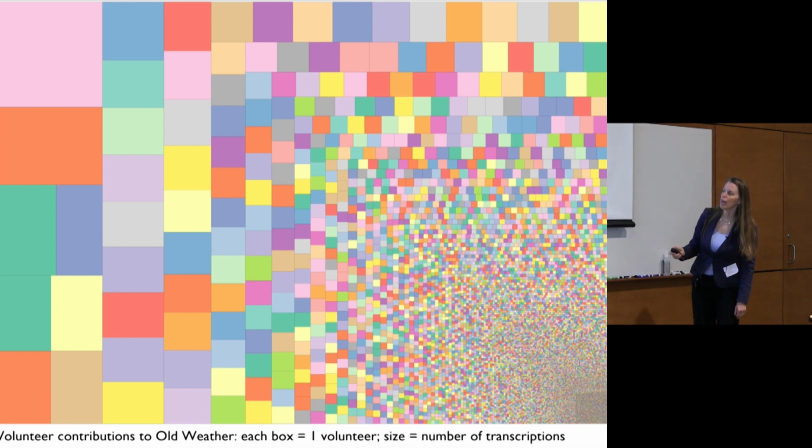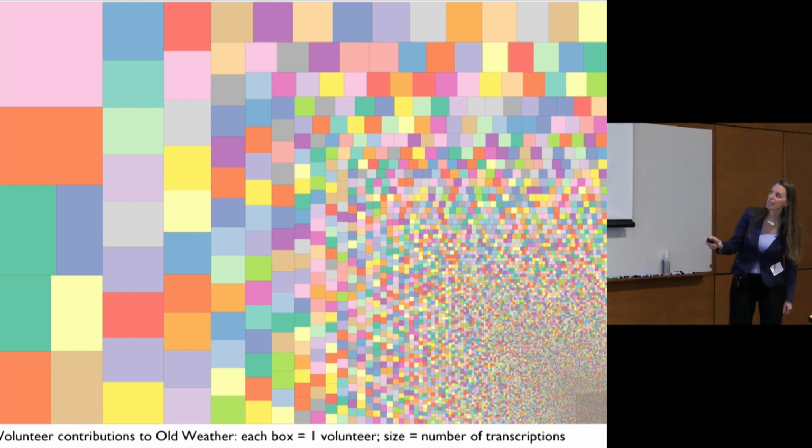So this is a visual way of representing that each box is one volunteer, and the size of the box is the number of clicks, the number of classifications they have done. In this case, it's our old weather project, which is the number of transcriptions that has been done.